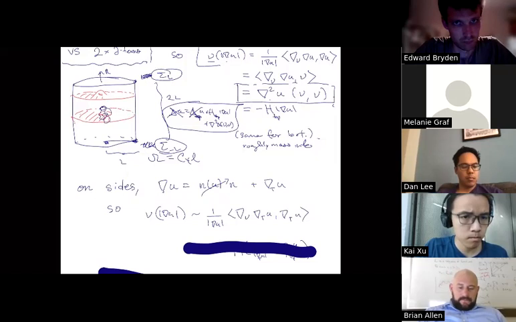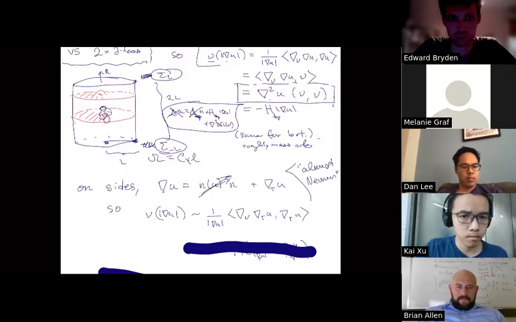Now on the sides, you have kind of a Neumann condition. So you have an almost Neumann condition on the sides, because U is becoming asymptotic to like x1, and that's going to be almost orthogonal to x2, x3.